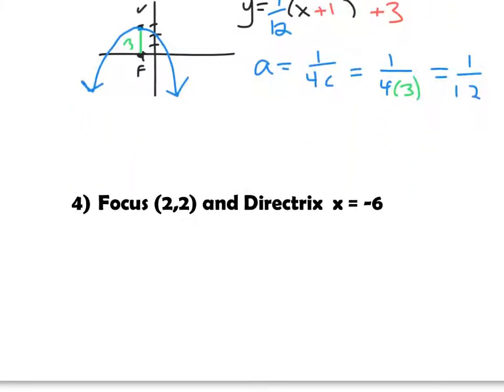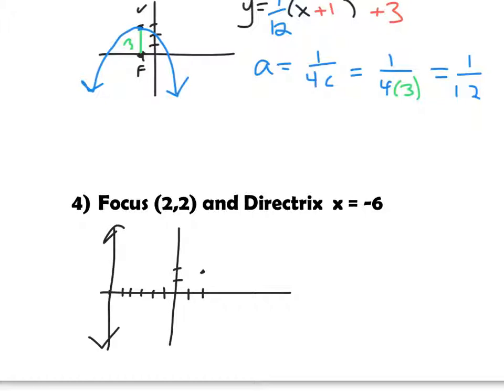Last one for equations, we have a focus at (2, 2) and directrix at x = negative 6. 1, 2, 3, 4, 5, 6. Okay, so what we need to remember when we're dealing with focus and directrix is I need my vertex.